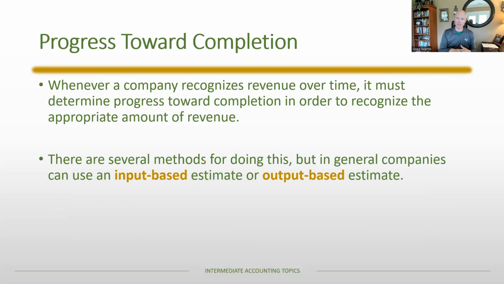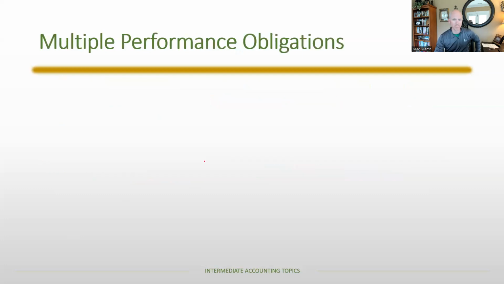That'd be more input based. Output based may be more like, okay, if I'm laying a road, how many miles have I completed, or something along those lines. That's more of an output based view. So again, input versus output, GAAP allows for both general methods, and we're going to get into one, which is an input based method, in greater detail in a different lecture.